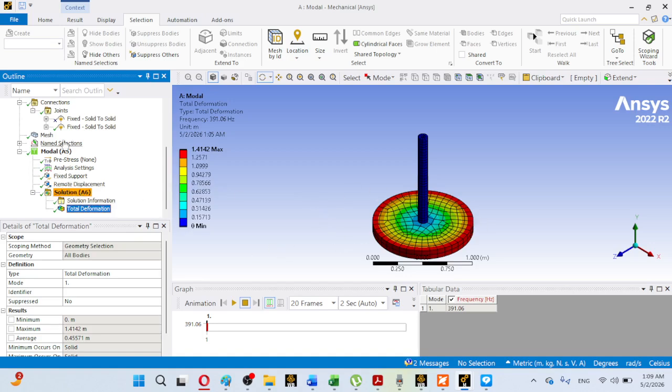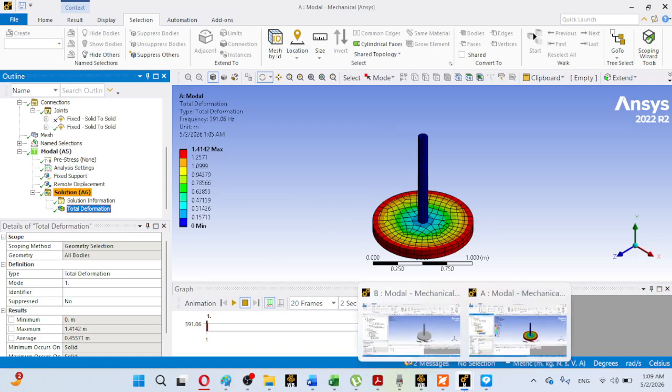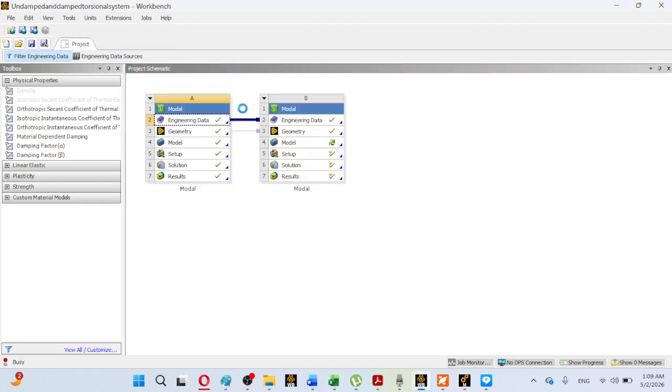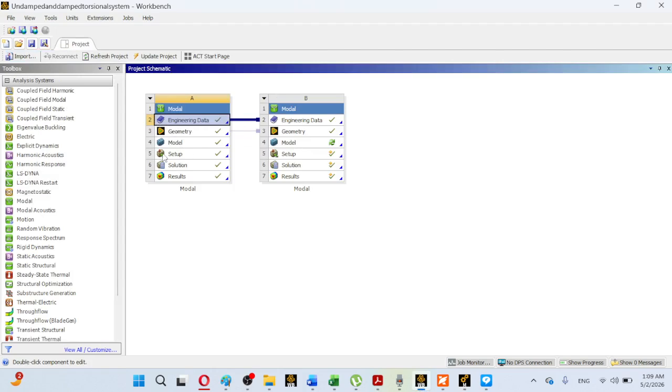In the editing mode, you can observe what I have done, and what you will be doing: you will be creating a parallel model module along with this A module, launching a parallel model module and interlinking this engineering data and this geometry with each other.